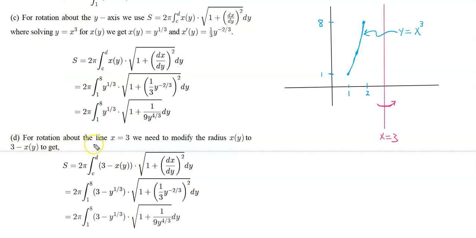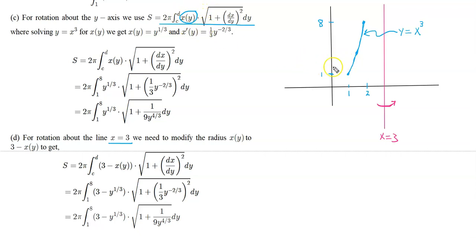Now for part D, we want to rotate the curve around the line x equals 3. So what we need to do is take the formula up here for rotation around the y-axis and modify the radius term right here. Notice that our line over here, x equals 3, is parallel to the y-axis, so that's why we use this formula up here, and we just need to modify the radius term.